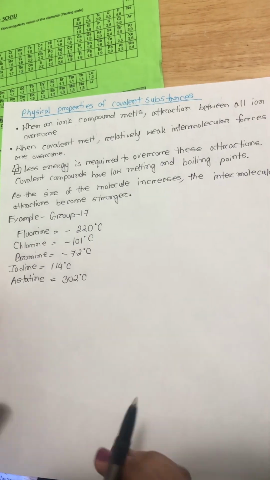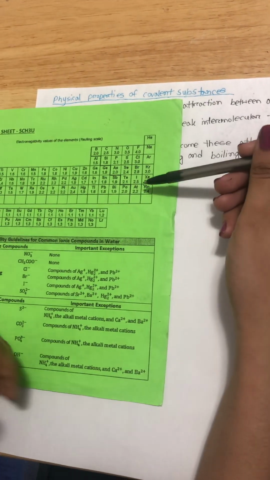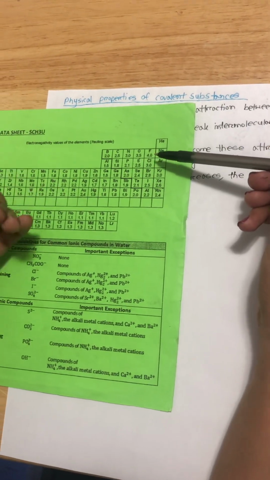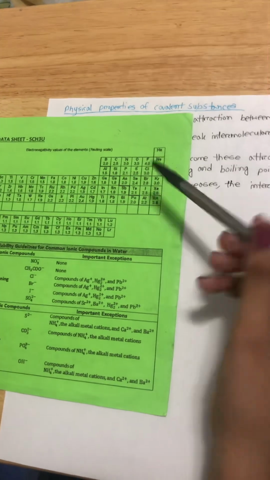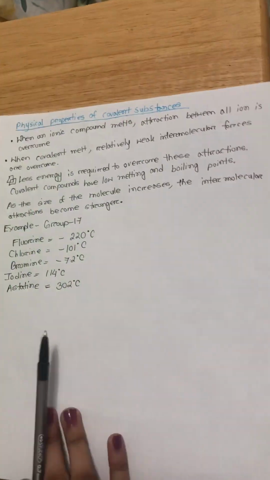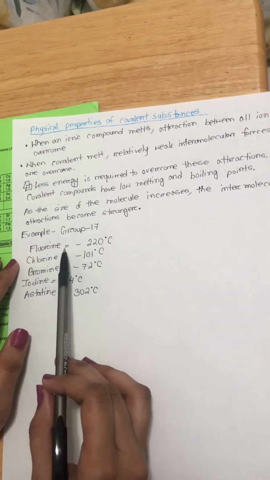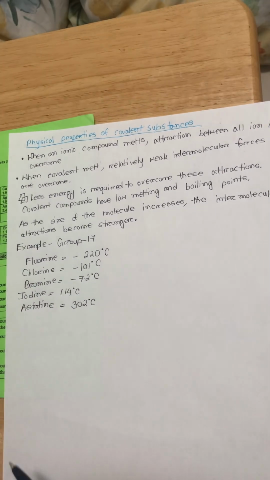If we particularly look at group 17, we'll see that as we go from top to bottom of the group, the size of the atom increases. From fluorine to iodine, it increases. And here, the melting point also increases.